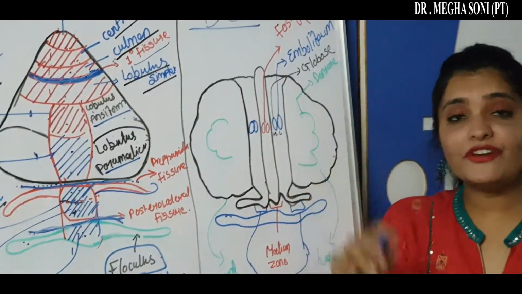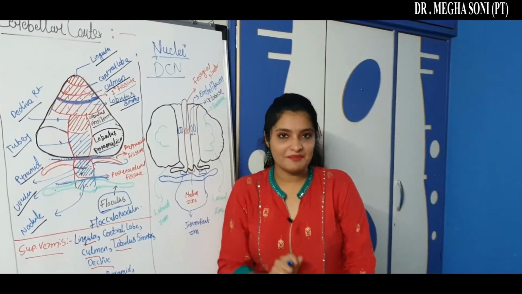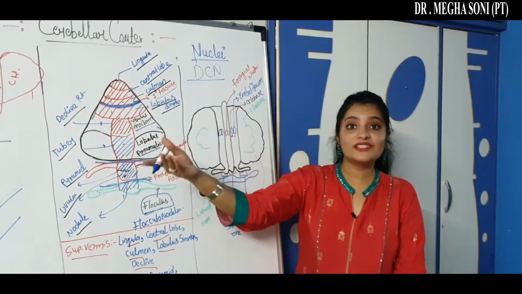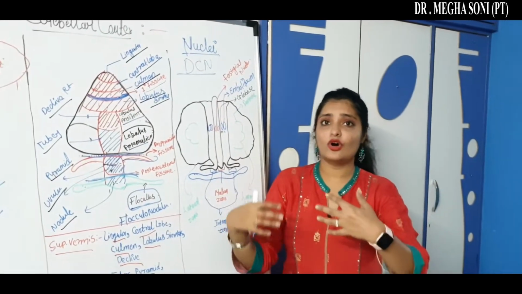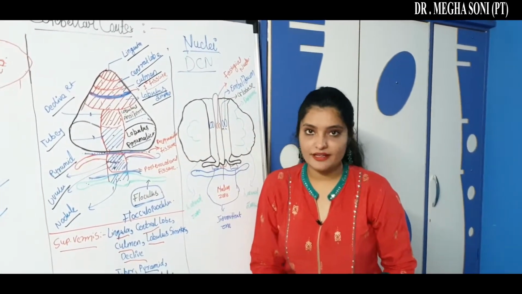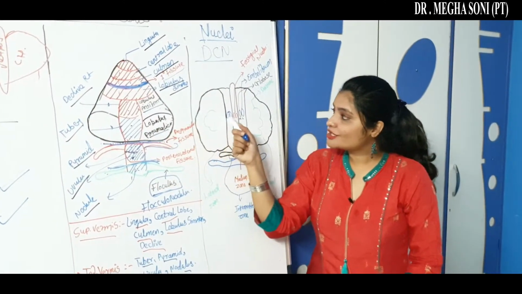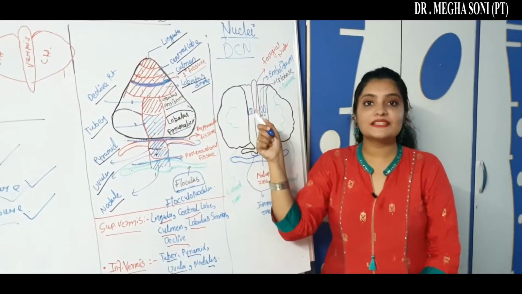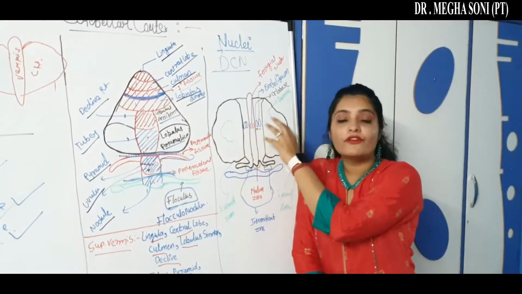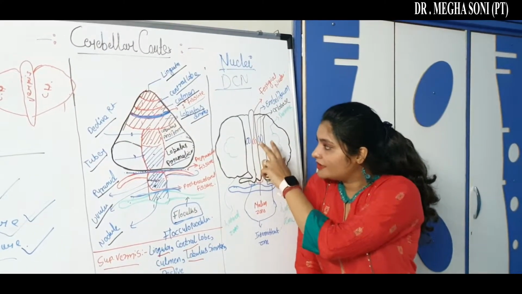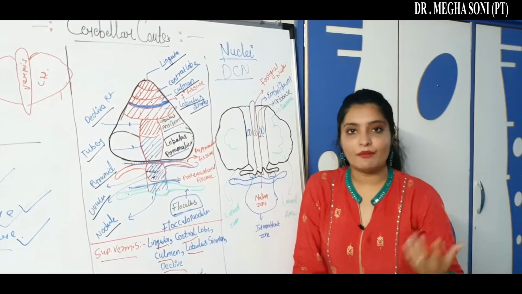What is the role of deep cerebellar nuclei? As I said, the mossy and climbing fibers are coming from outside the cerebellar hemisphere. They are coming from spinal cord, brainstem and cerebral cortex. Okay, so they carry the information to the level of deep cerebellar nuclei. They play an important role in planning and programming of movement.